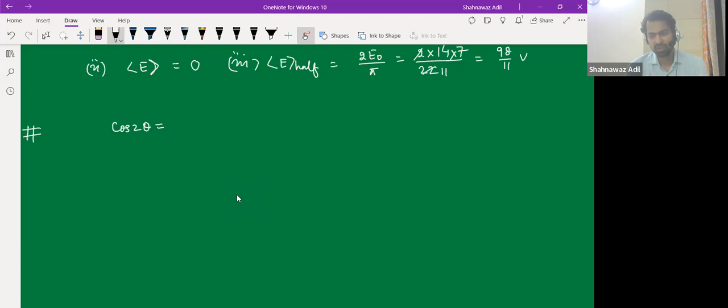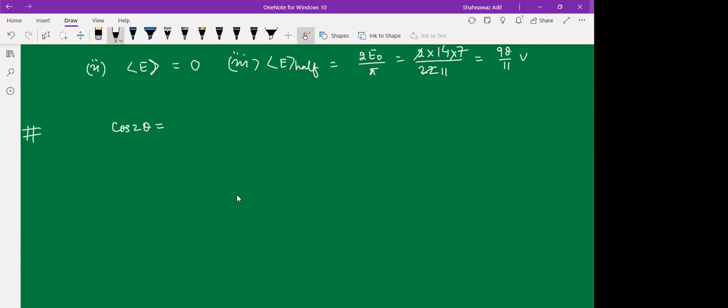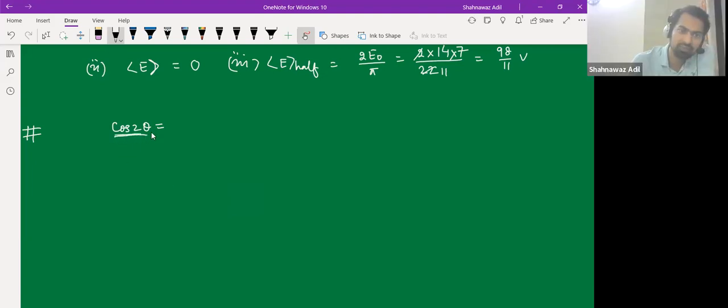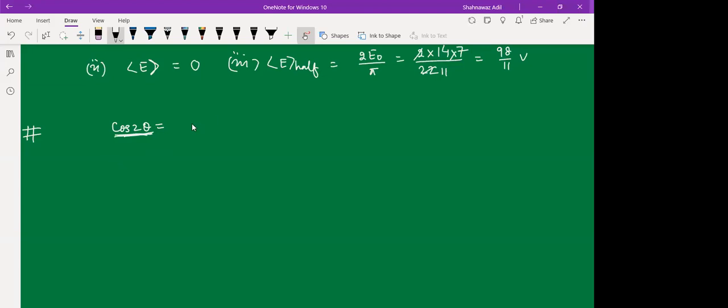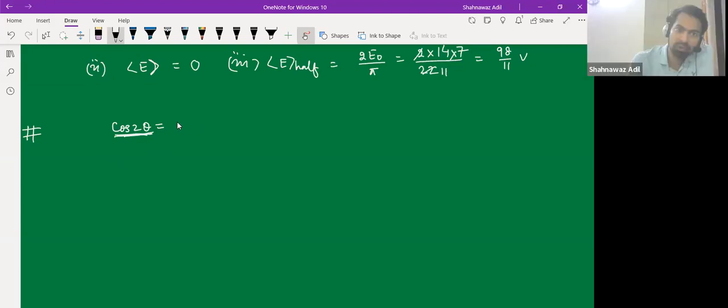What is cos 2 theta? Cos square theta minus sine square theta. Good. So cos 2 theta is cos square theta minus sine square theta, right?